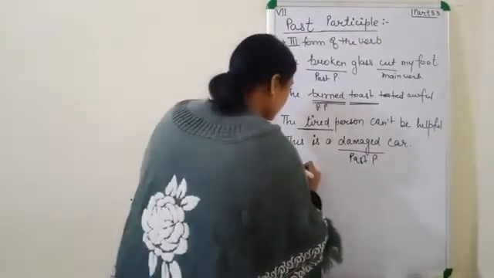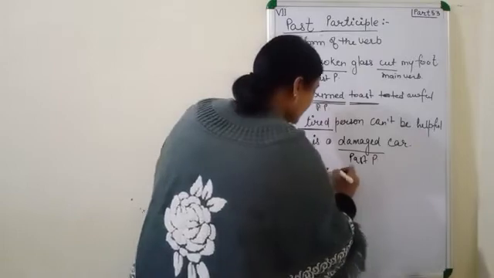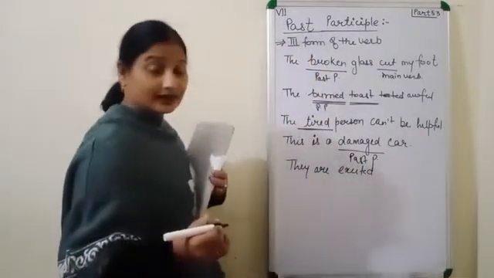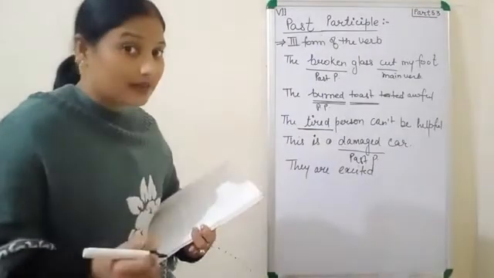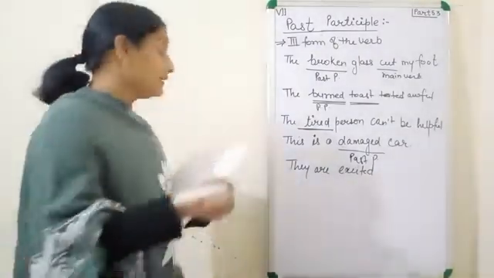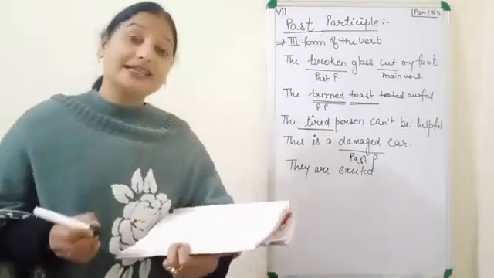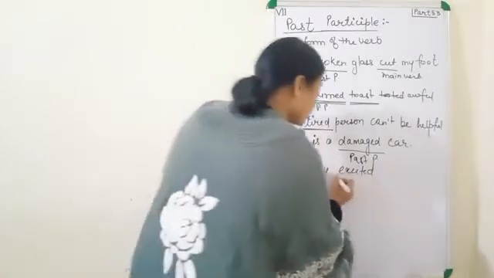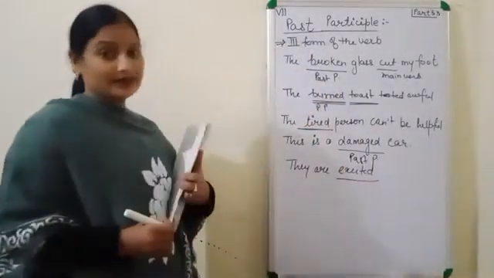One more. They are excited. How are they? What is their quality? Their quality is that they are very much excited. So this is the subject complement, children, and this is your past participle.